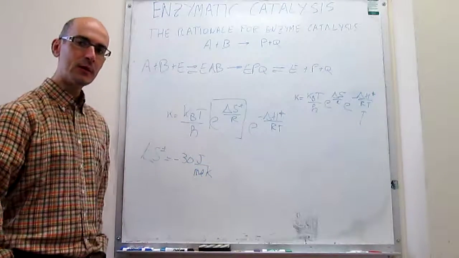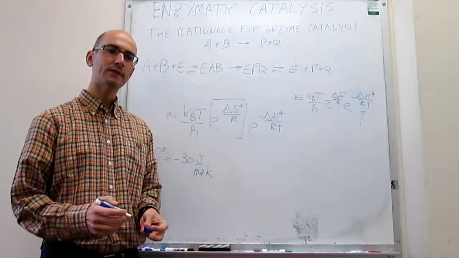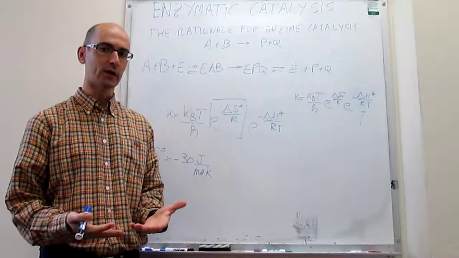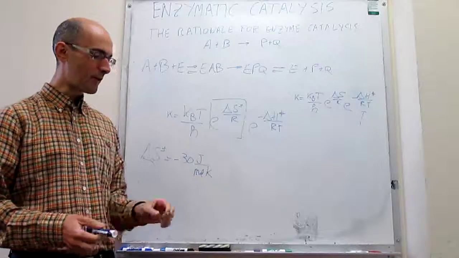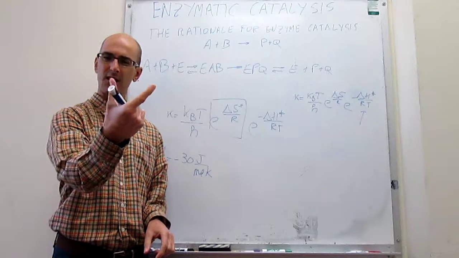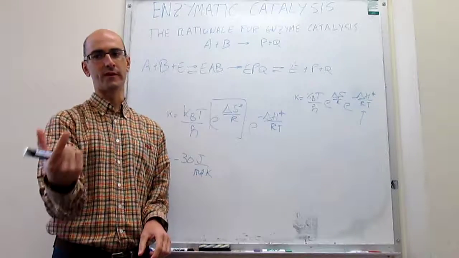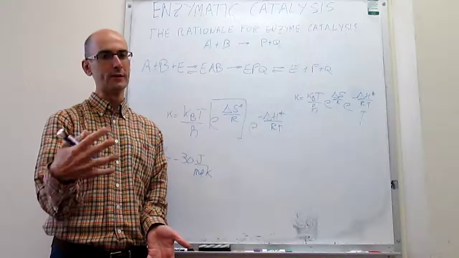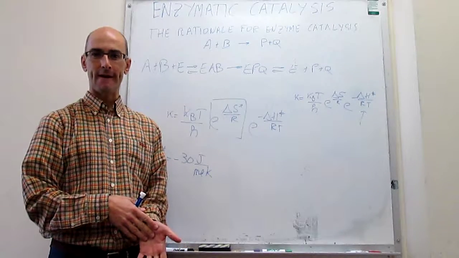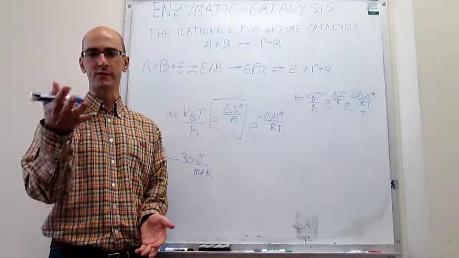Now, this situation changes when the reaction is unimolecular. When you have a unimolecular reaction, there's only one molecule in the reagents that goes to the transition state. There might be a slight change in entropy from reagents to products, but you only have one molecule in each. So the change in entropy is not going to be very large from reagents to the transition state.